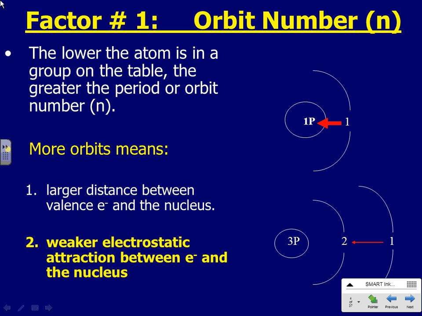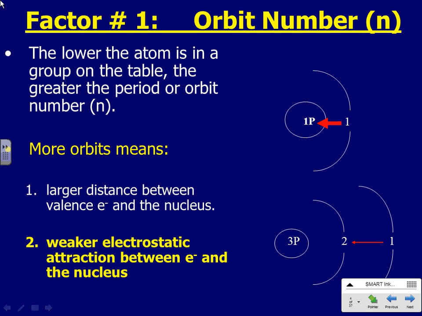So it's easier to take away an electron in the outer orbit of cesium, out way off in the 6th orbit, than it is for hydrogen. Even though cesium has 55 protons, the extra distance of the 6th orbit makes that electron come off with no effort whatsoever.